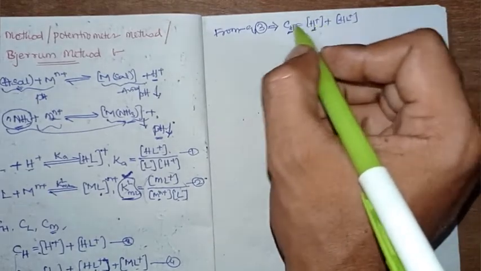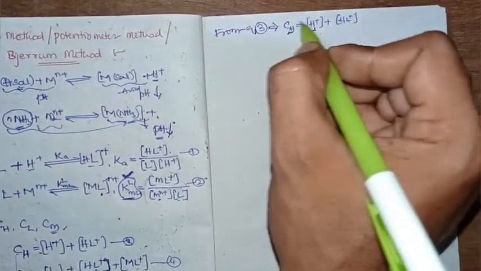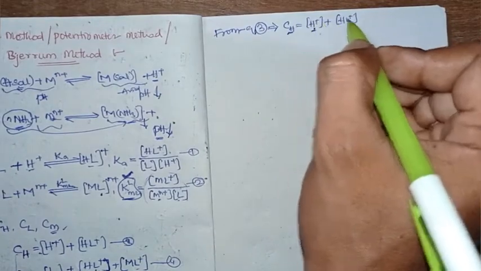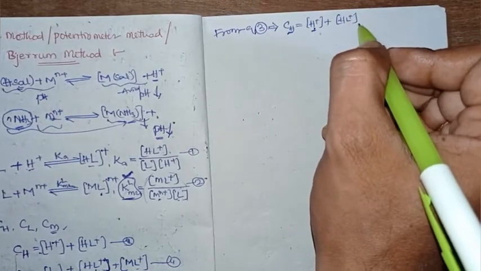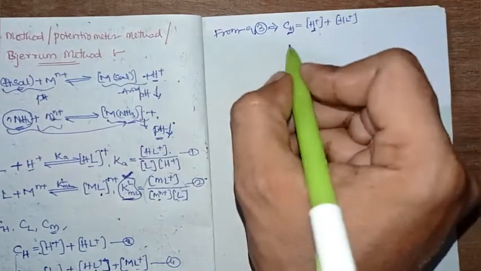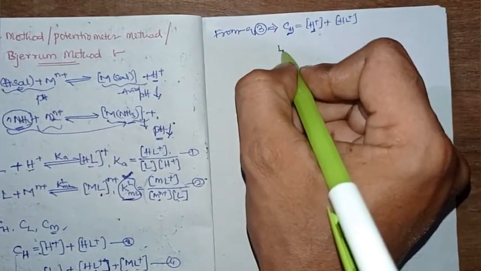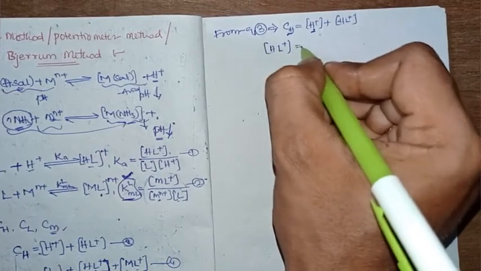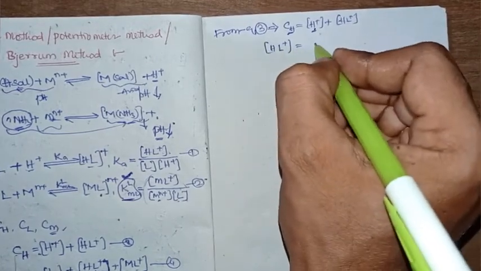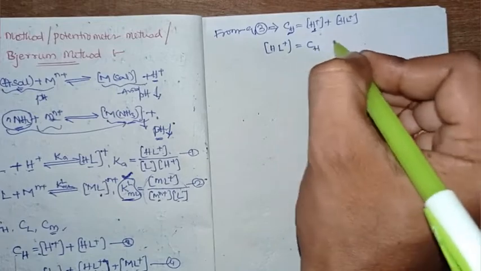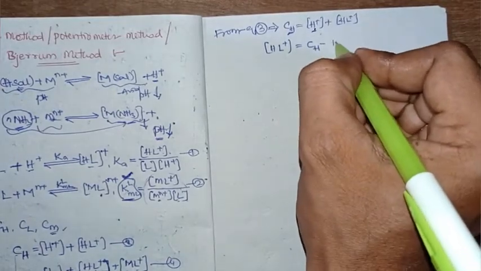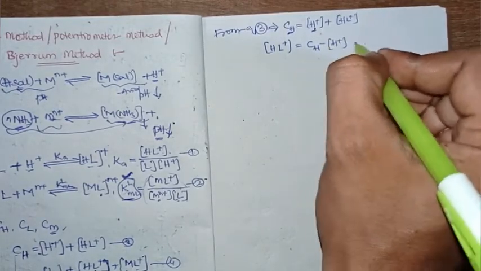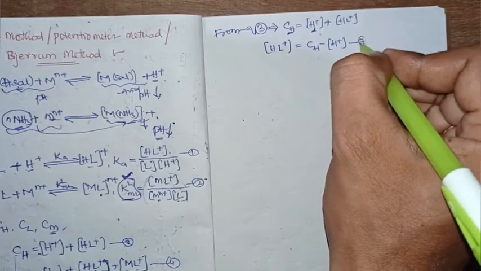So in this equation number 3, two things are known, and the other, the protonated ligand complex concentration, is unknown to us. Writing known terms on one side and unknown terms on the other side, the protonated ligand complex concentration could be equal to the complete proton concentration minus the remain proton concentration. This could be equation number 7, right?